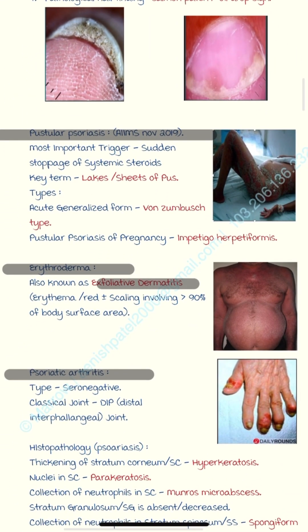Next type is pustular psoriasis. Its most important trigger is sudden stoppage of systemic steroids. Here, lakes and sheets of pus can be seen. Types: acute generalized form, which is the von Zumbusch type, and pustular psoriasis of pregnancy, which is known as impetigo herpetiformis.